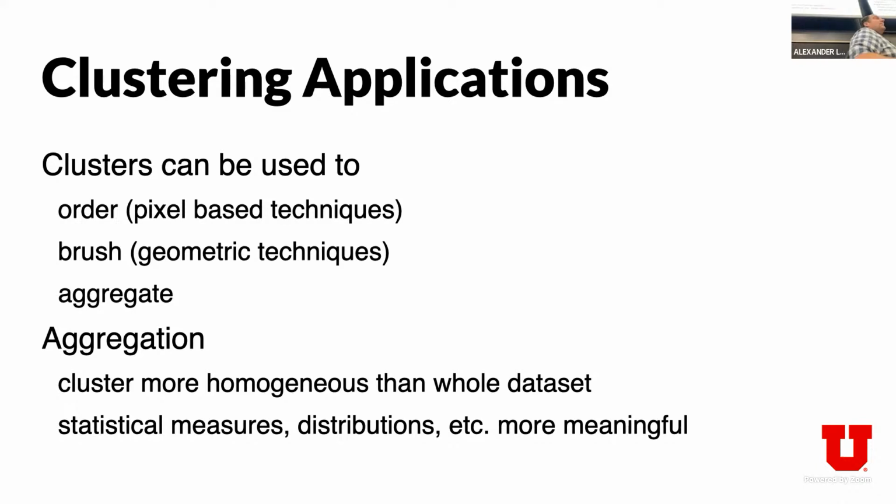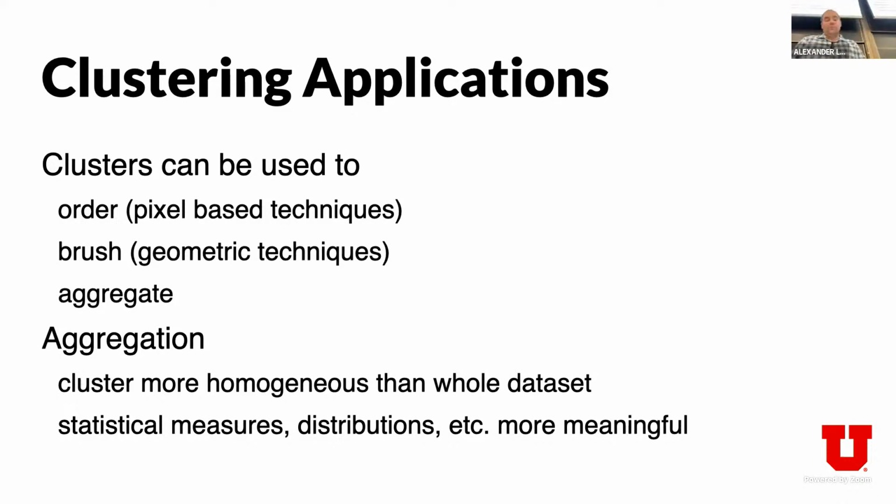And the aggregation really works because clusters tend to be more homogeneous than the whole data set, right? So you're more likely to be able to do some efficient representation of an individual cluster than of a whole data set, because the items in the cluster are in the same cluster because they're of the same kind, right?